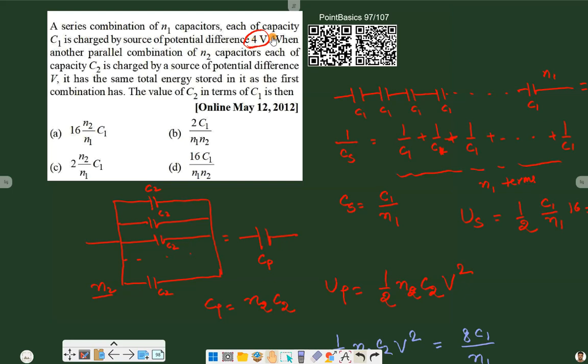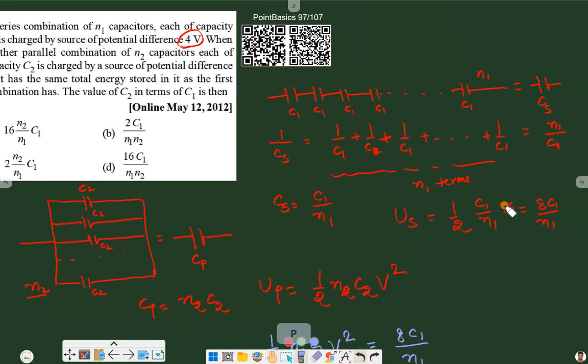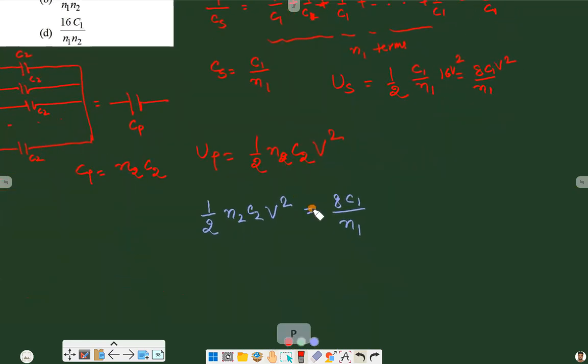It is not 4 volt, it's 4V, so this is 4 times of this potential. So when we made this calculation, we have to include 16 V square. So this will be 8 C1 V square by N1, and here we will have an additional V square term.